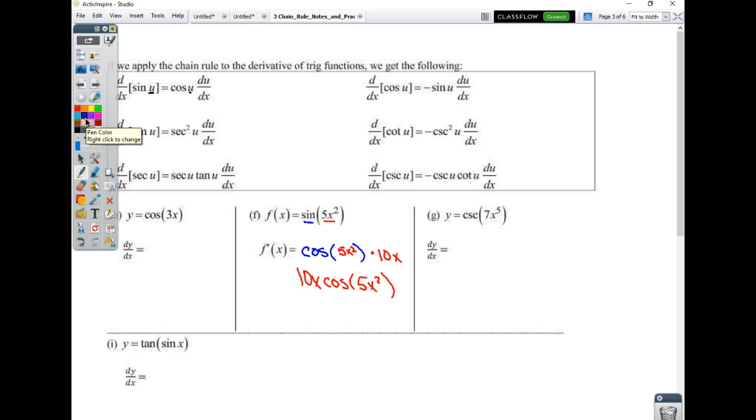What about cosecant of 7x to the 5th? What is the outside? What's the inside? What is the derivative of cosecant?